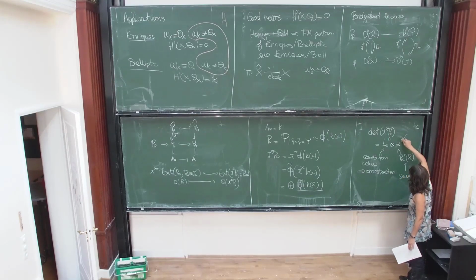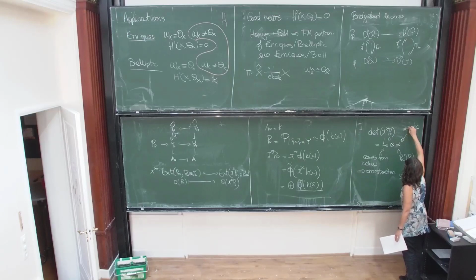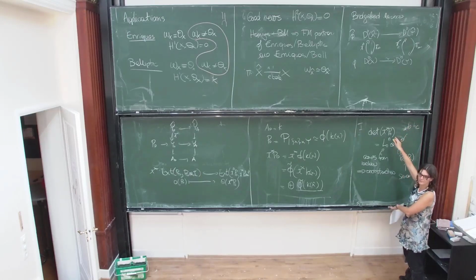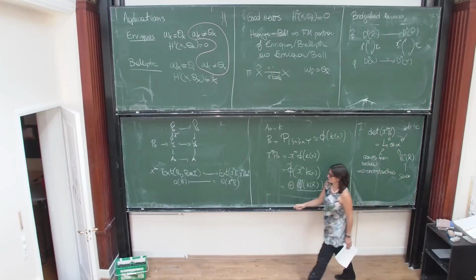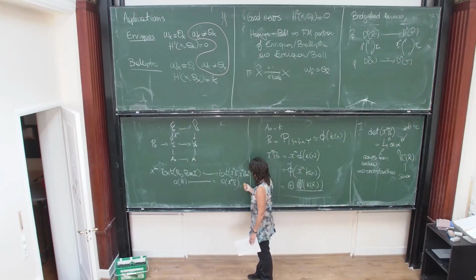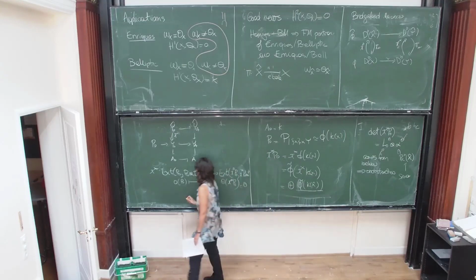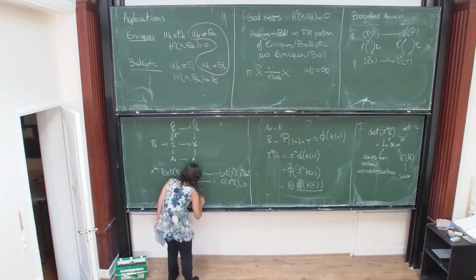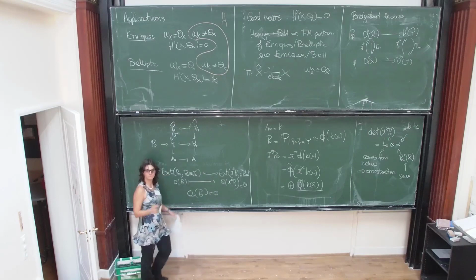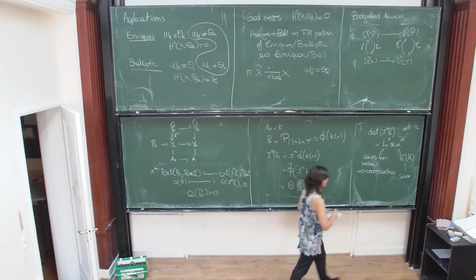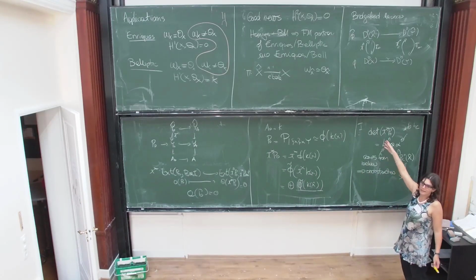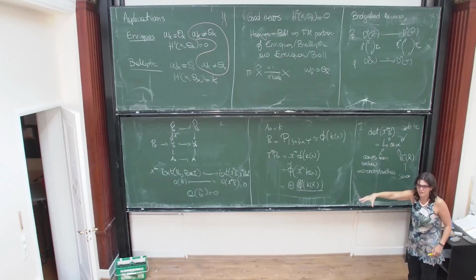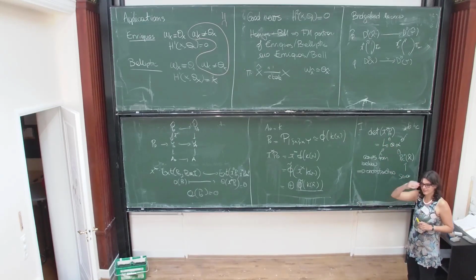So this guy, alpha, is unobstructed. So this is 0, and this is 0, and you can run the deformation problem. Algebraization is not a problem because H2 of OX is 0. So once you have a deformation, the deformation exists.